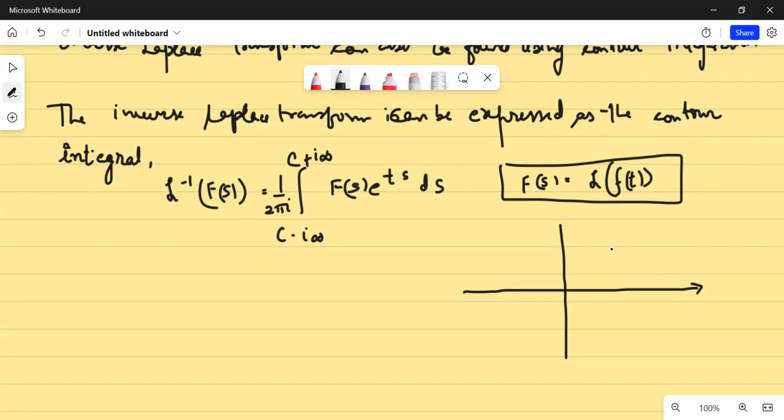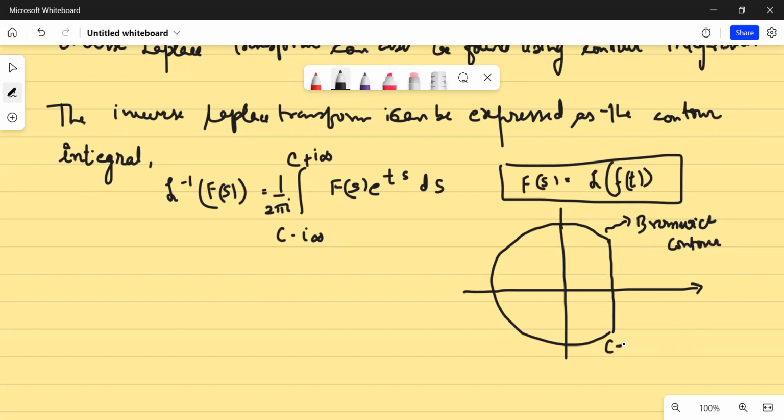which is from C minus like this. So this is a kind of contour that we actually use, this is sometimes referred to as Bromwich contour. And by using the contour integration technique, we actually solve this particular integration.